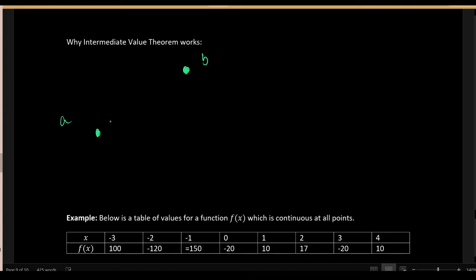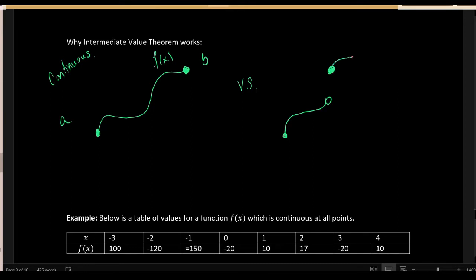And what that means in practice is that you can connect the dots from a to b. Without lifting your pen, you can draw the graph of f of x from a to b. If the function were not assumed to be continuous, then there's a possibility that your function might have a break or a gap in there somewhere that would cause you to lift your pen as you moved from a to b.